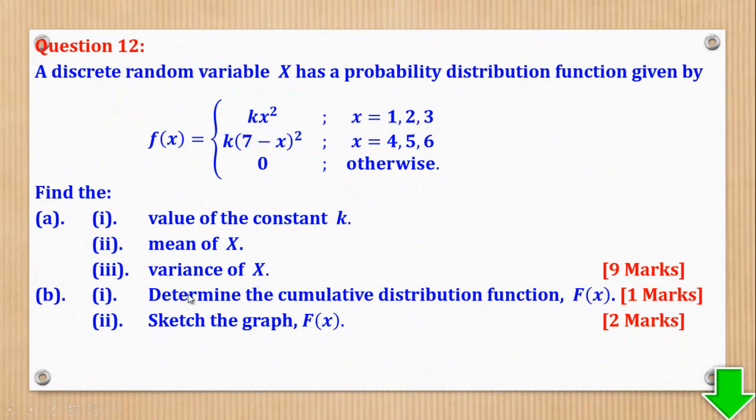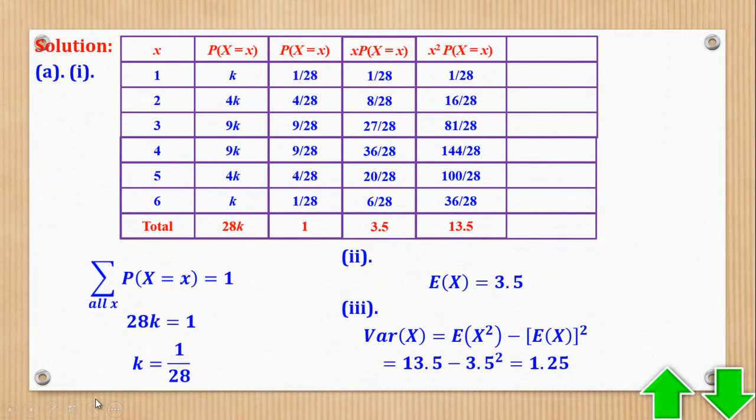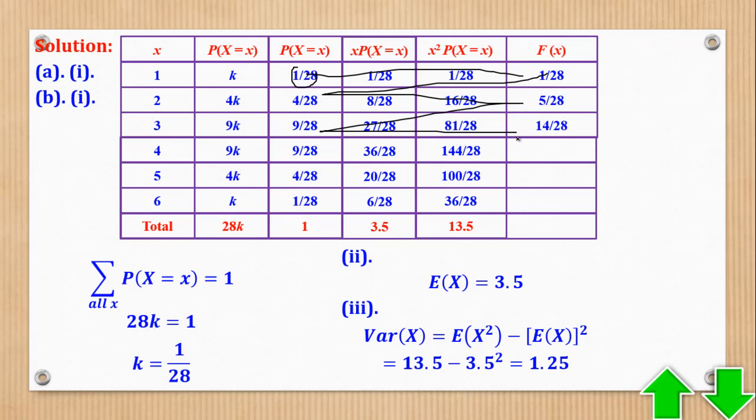The next was determine the cumulative distribution function. For the cumulative distribution function we have to put a column of capital Fx, whereby we keep on adding, so we shall begin with this here. Then this plus this, because cumulative means we keep on adding, it gives that. Then this plus this, we come up with that.